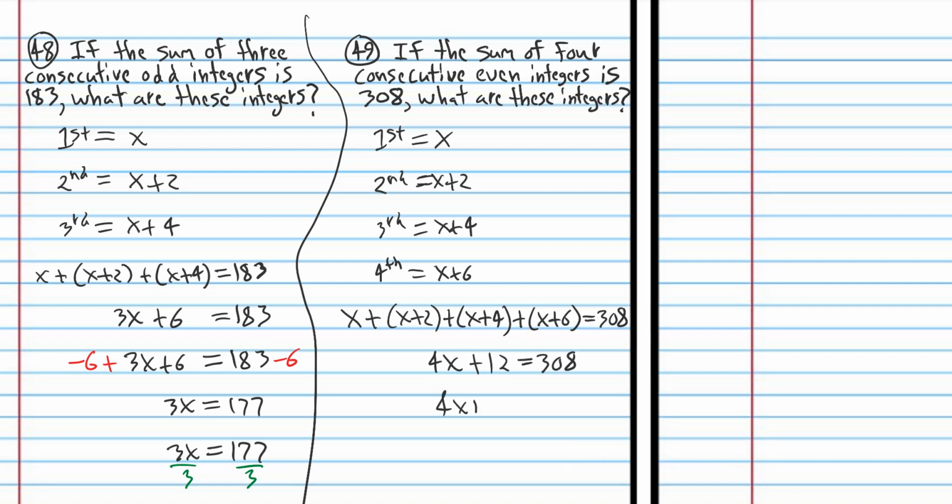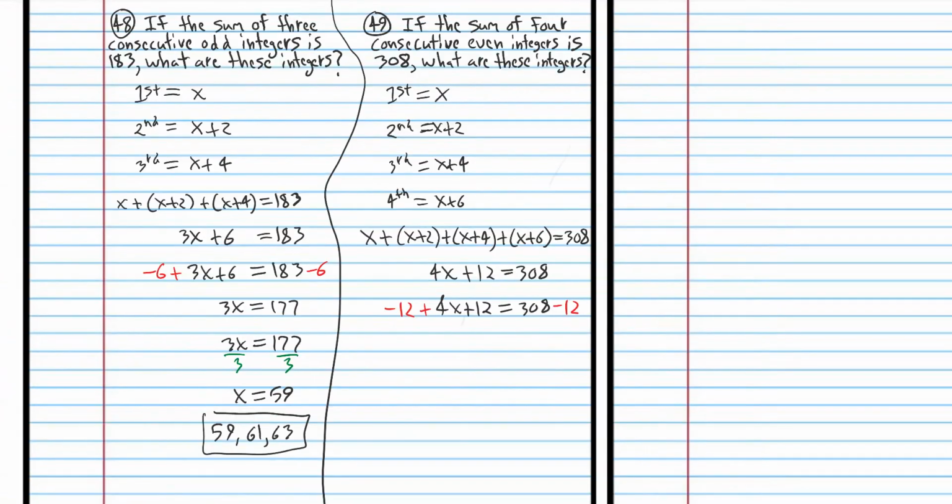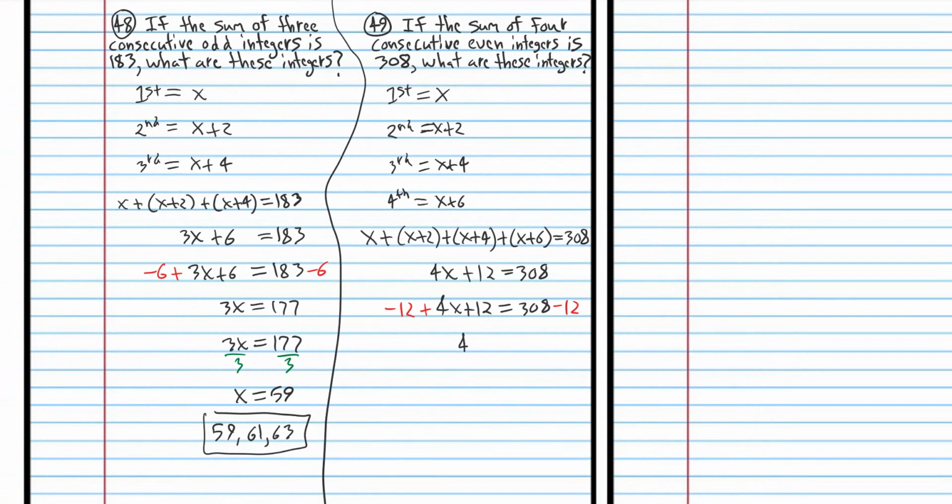Then we have to perform an operation on both sides of the equation. Subtract 12 from both sides. And you get 4x is equal to 296, I believe. Rewrite.